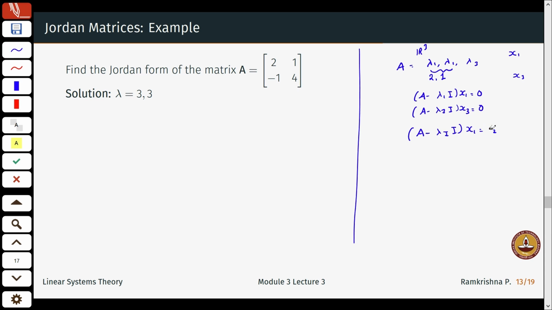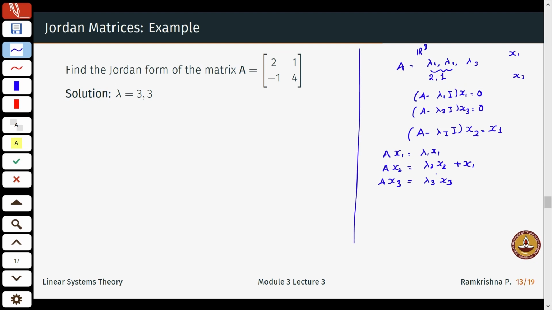Sorry, there is a little typo here. Rewriting these equations in the standard form, I will have A times x1 is lambda 1 x1, A times x2 is lambda 1 x2 plus x1, and A times x3 is lambda 3 x3.